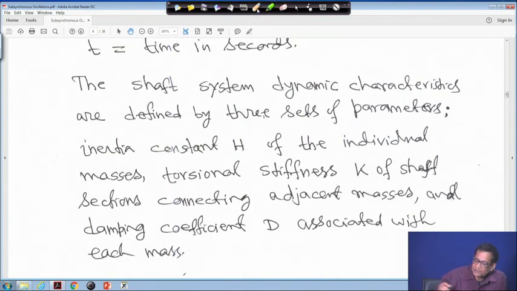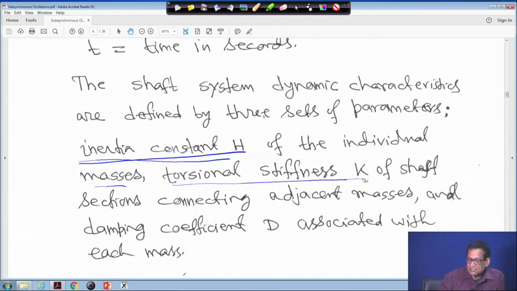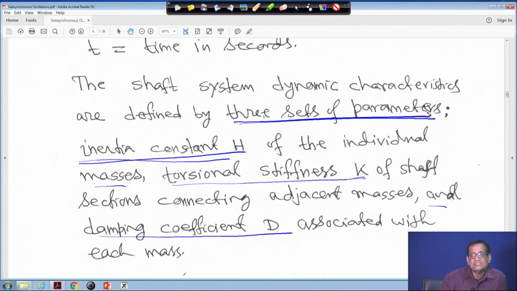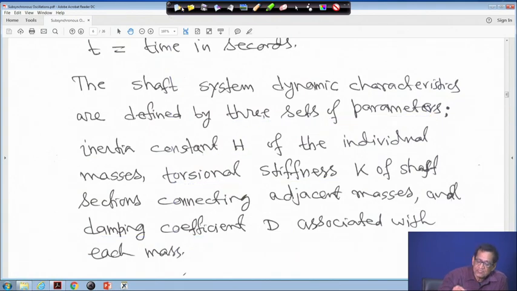One is the inertia constant H of the individual masses, then the torsional stiffness K of the shaft sections, for example 1 to 2, 2 to 3, where we have given K12 in figure 1, connecting adjacent masses, and the damping coefficient D. So, these are the 3 sets of parameters by which we can define it.